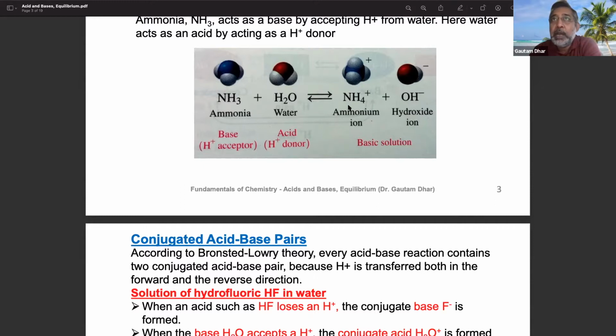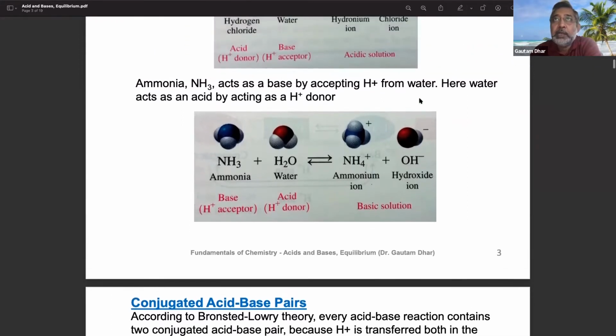So this ammonia and ammonium ion are related to each other by the transfer of one proton. So they are called conjugates. Similarly, water and OH minus are conjugates. They are related to one another by H plus ion transfer.